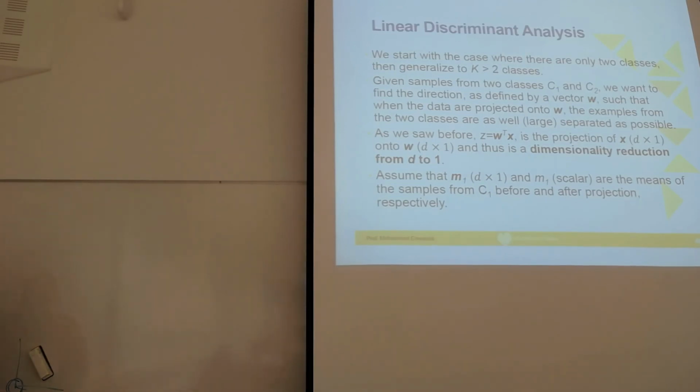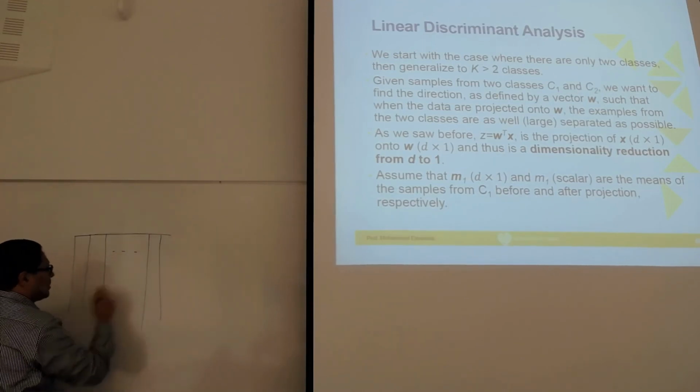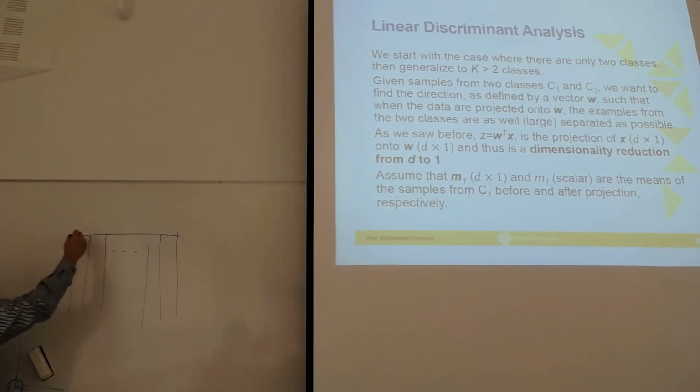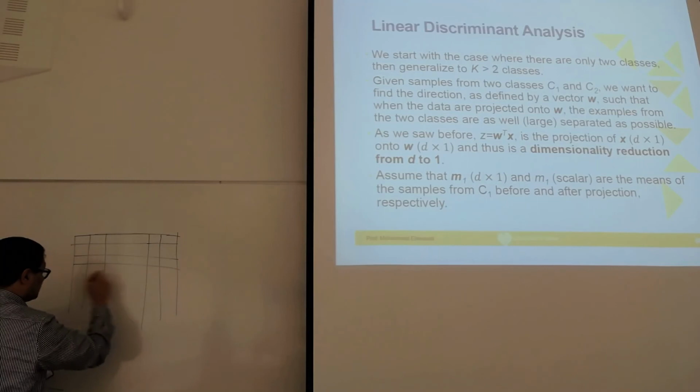I repeat. So now we have data like this one. Here we assume that we have only two classes of the data, C1 and C2. And we have some features or attributes.